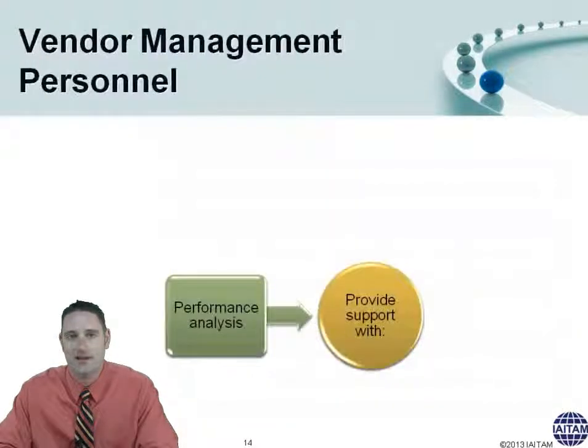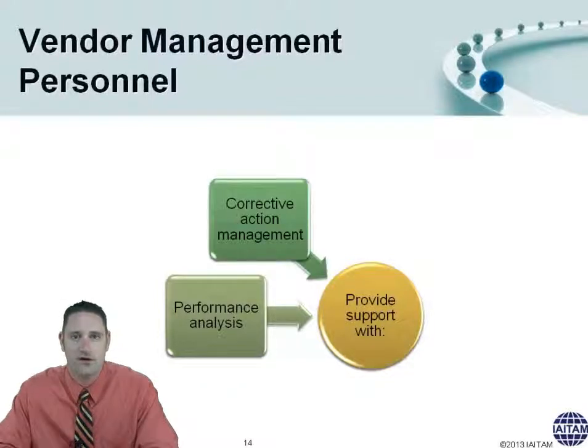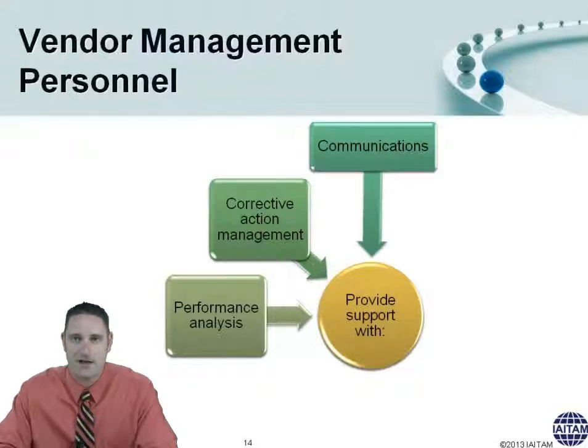Vendor management personnel provide support with the performance analysis of the scorecard. Any corrective action management, if the vendor is doing things that are outside the scope of what we want them to do, or if they're acting unethically, or if they're just not giving us the best price, or whatever the case may be, the personnel is going to be involved in the corrective action management.